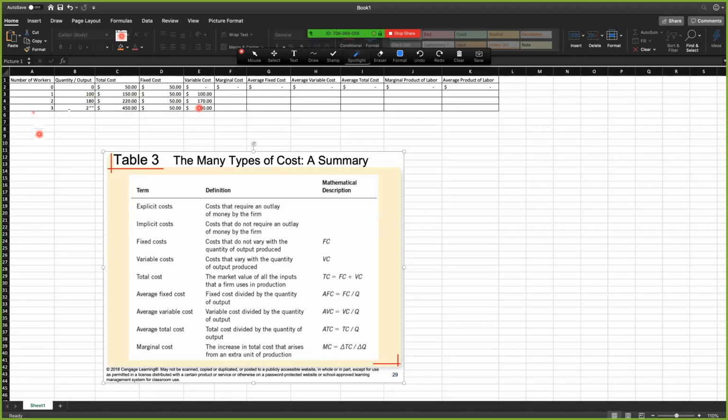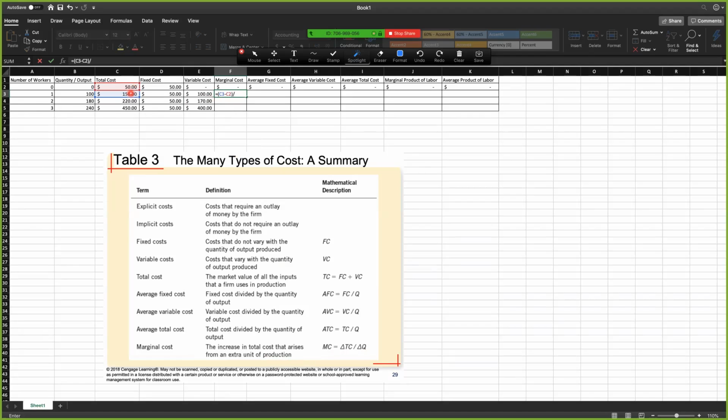So what is then the marginal cost? The marginal cost is effectively the increase in total costs that arises from an extra unit of production. The formula for marginal cost is the change in total cost over the change in quantity. In this case, we take the change in total cost, moving from 100 to 150, so the change in total cost is 100.